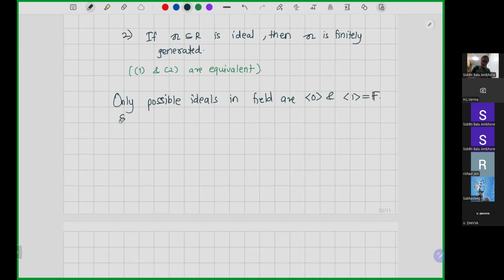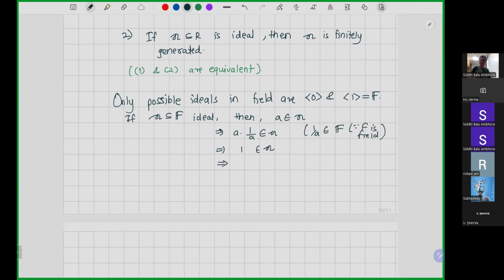If A is an ideal in F and a belongs to A, then a times 1 by a belongs to A, and 1 by a belongs to F since F is a field. So 1 belongs to A, and the moment 1 belongs to A, it becomes the entire field.